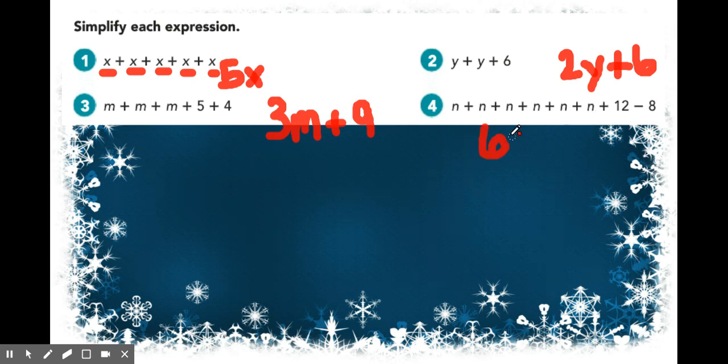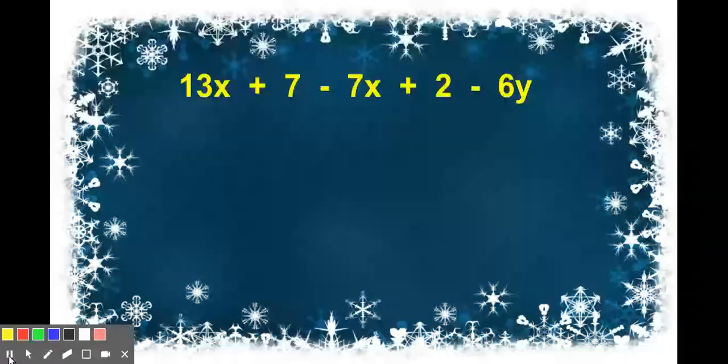When I add those together, I get 6n. And then I have a positive 12 and a negative 8. So when I add those together, I get 12 minus 8, so I have 4 left over. This simplified is 6n plus 4.